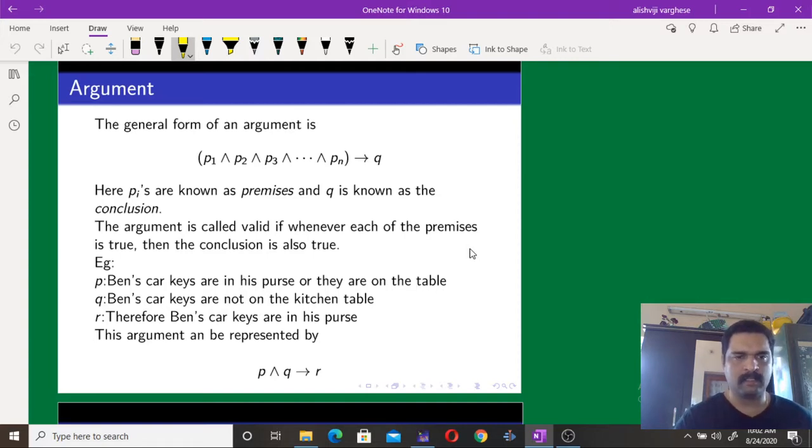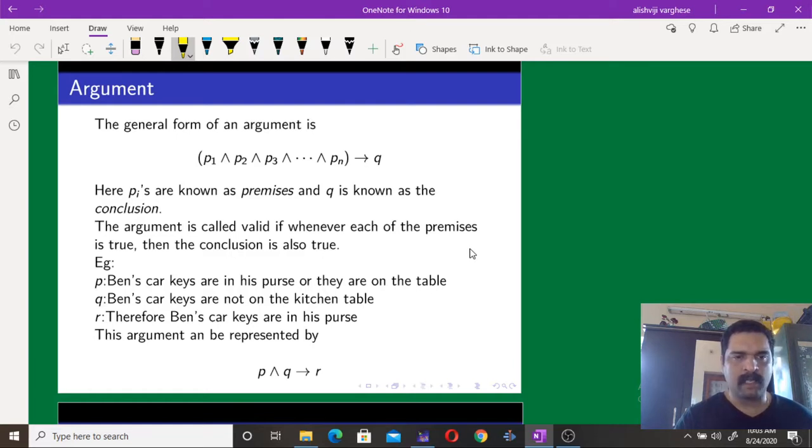Here we can have an example. P: Ben's car keys are in his purse or they are on the kitchen table. And Q is another statement: Ben's car keys are not on the kitchen table. So we have two statements, and there is a third statement: therefore, Ben's car keys are in his purse.